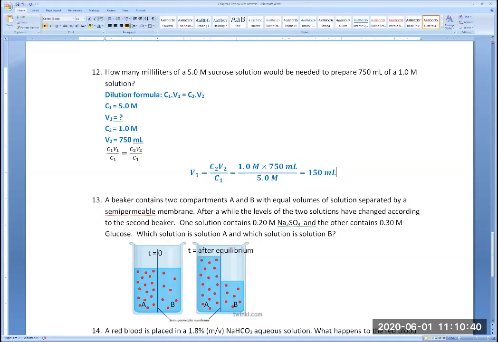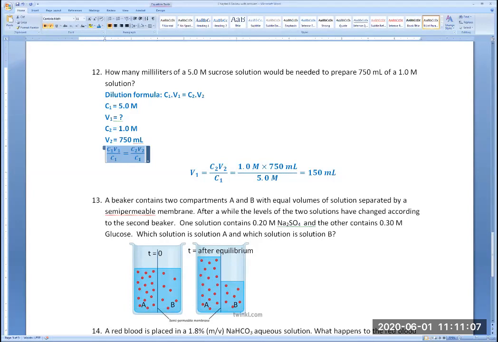So the way we do this is usually we take what we call a volumetric flask, special flasks that are calibrated. You would choose a flask that has a volume of 750 milliliters. So you take a flask that is calibrated to hold 750 milliliters precisely.